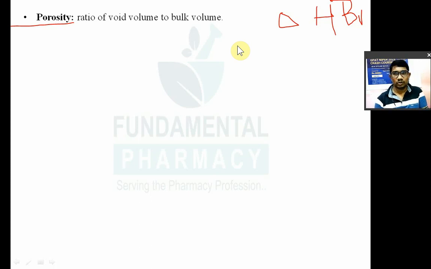Bulk volume is without tapping. Bulk volume consists of true volume plus interparticular spaces. So porosity is nothing but the ratio of void volume to the bulk volume.